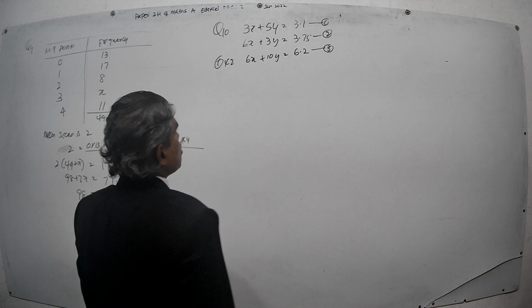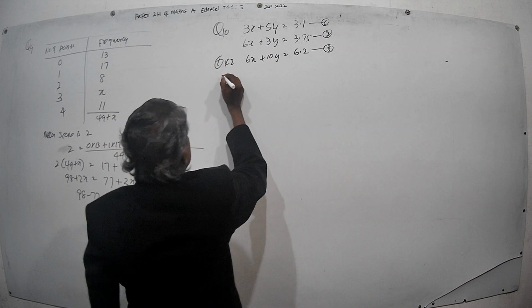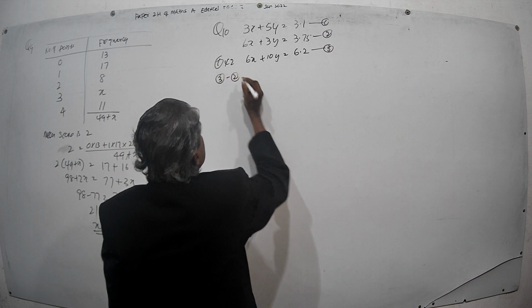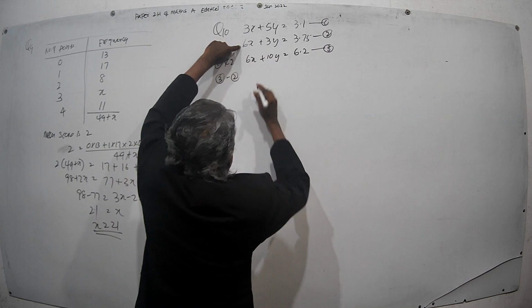Now you can remove x by deducting equation 2 from equation 3. 6x minus 6x is 0.